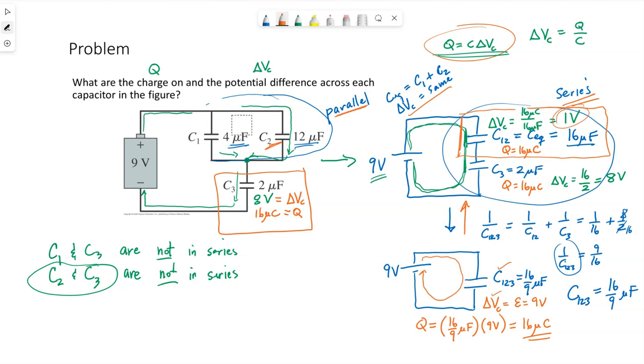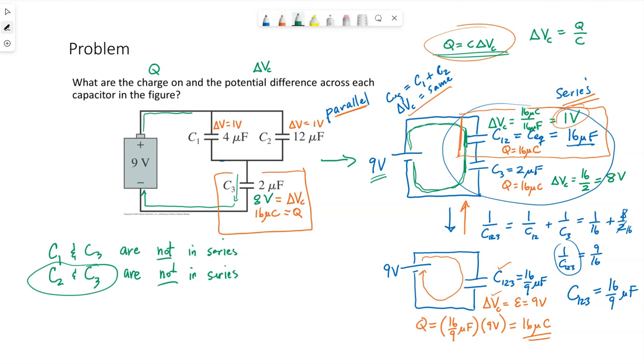So we can say, let me clean up my picture a little bit, that delta V is 1 volt for the 4 microfarad capacitor, and it is also 1 volt for the 12 microfarad capacitor. They're in parallel, they have the same voltage, and it's the same voltage that their equivalent capacitance has.